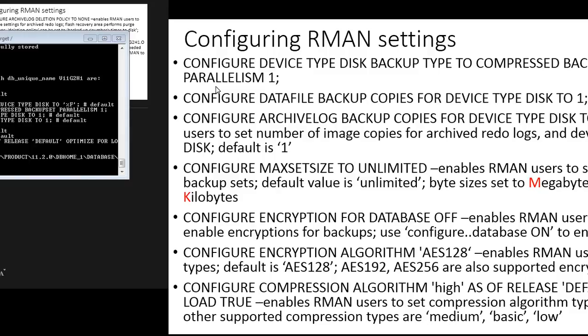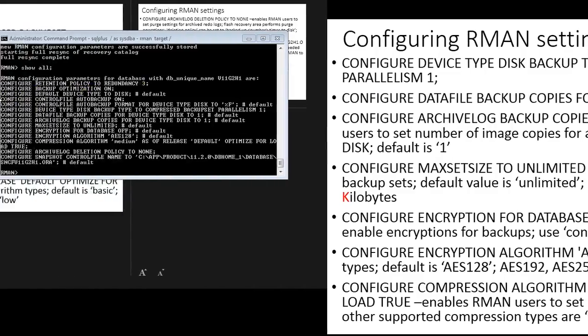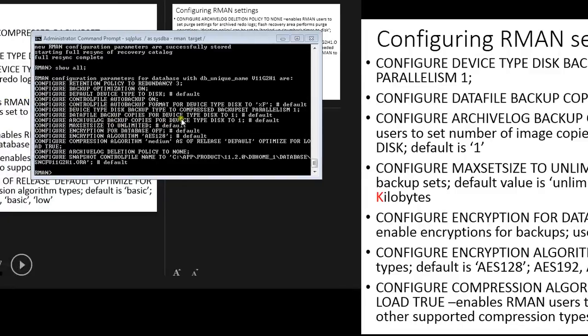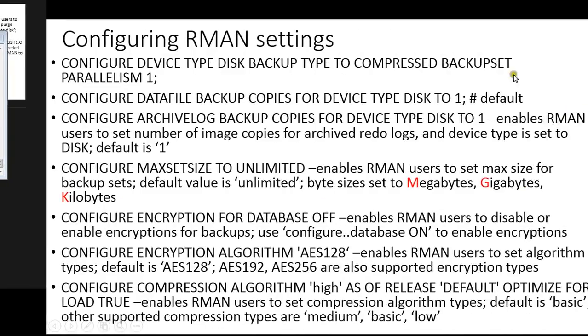And then next you have configure datafile backup copies for device type disk. Basically, you're backing up image copies of your data files. The default configuration is 1, which means that for every data file being backed up, you only have 1 image copy, but you can increase this value. It's totally up to you.